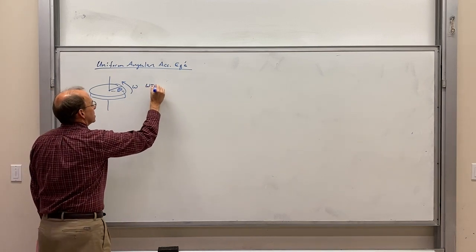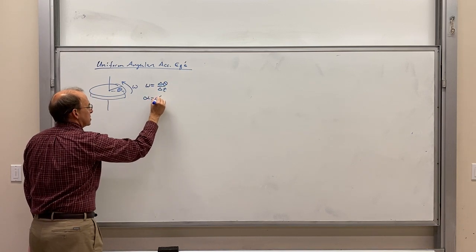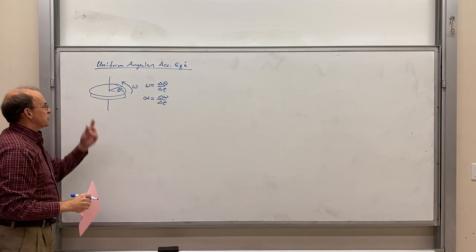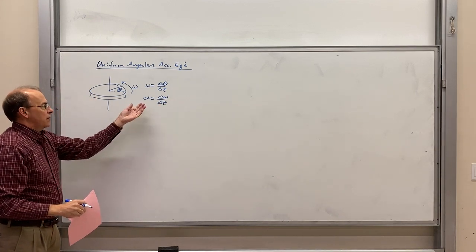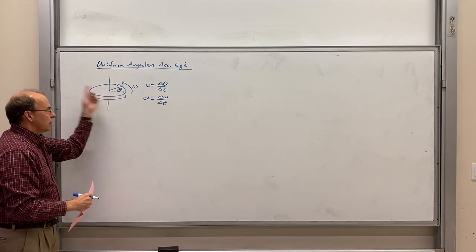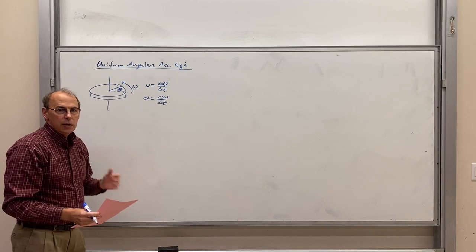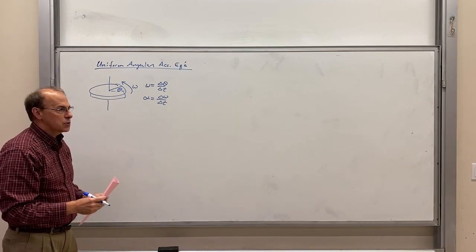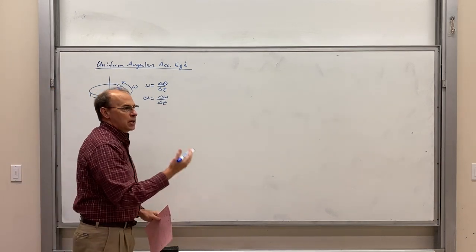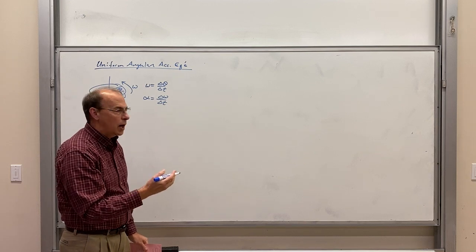So omega is the change in theta with time, and alpha is the change in omega with time. So if it speeds up really fast, that alpha is big. If it speeds up really slowly, that alpha is small. Now we've seen already, when we started earlier in the semester, uniform acceleration equations for like a baseball being dropped or a car merging onto a highway.